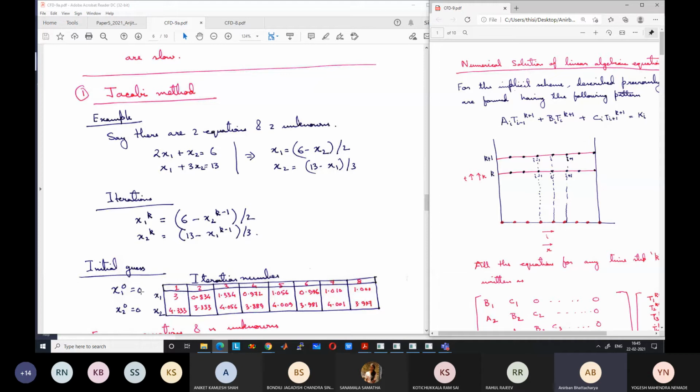Randomly, you can also guess x1 equal to 100 or 1 million, x2 equal to 1 million, or x1 equal to minus 1 million, x2 equal to plus 1 million. There is no harm in guessing something. But obviously we see that the order of the values is smaller.